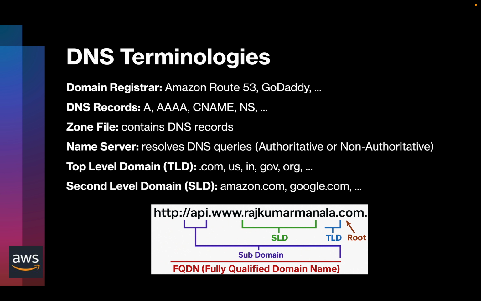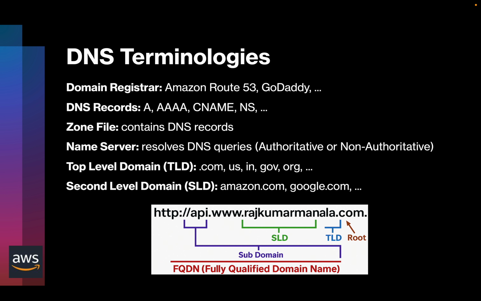Then we have www., the world wide web, and rajkumarmanala.com is the second level domain. The top level domain is .com, and the last period is the root of the DNS. So this is all about the DNS terminologies.